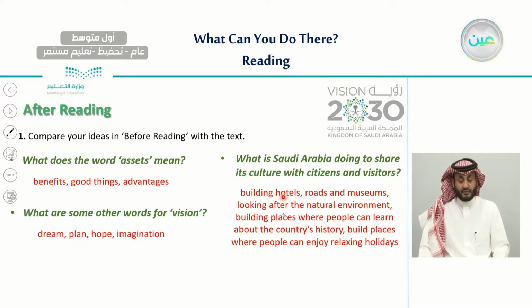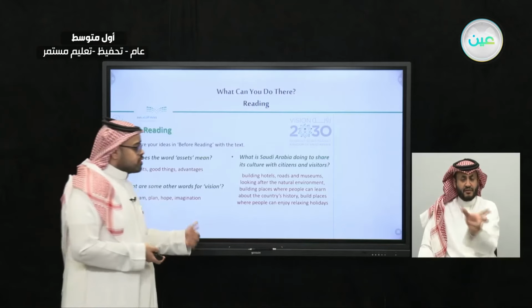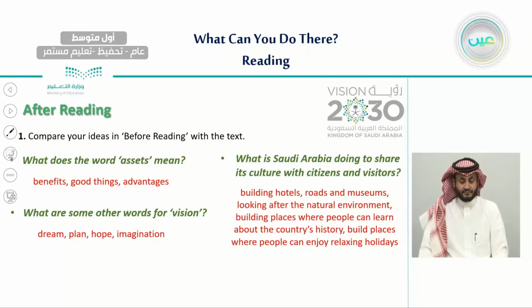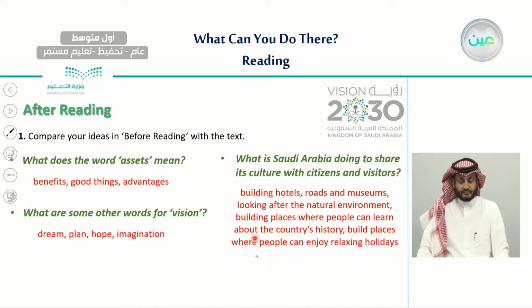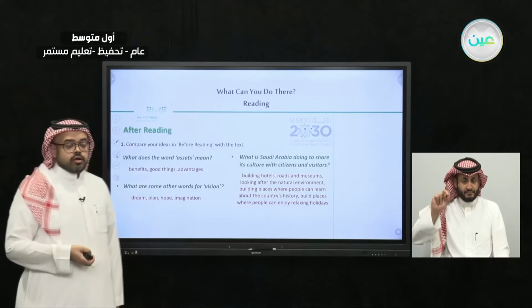They are building hotels, roads, and museums, and they are looking after the natural environment, and they are building places where people can learn about the country's history, and places where people can enjoy relaxing holidays. So we can call the places where people can learn about the country's history museums. And we build places where people can enjoy relaxing holidays. We can call these places resorts, where people can enjoy and spend their holidays.